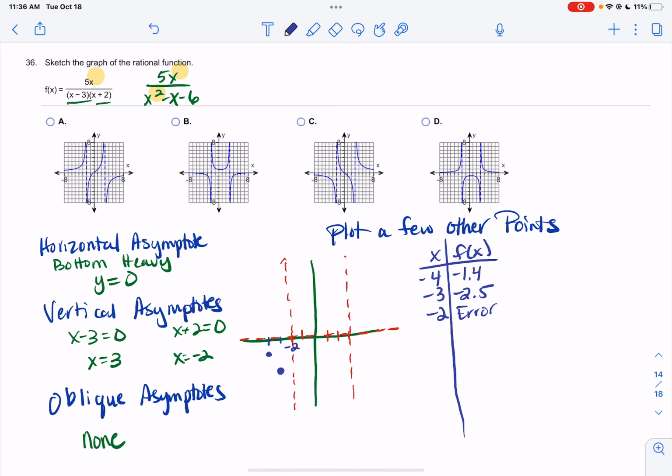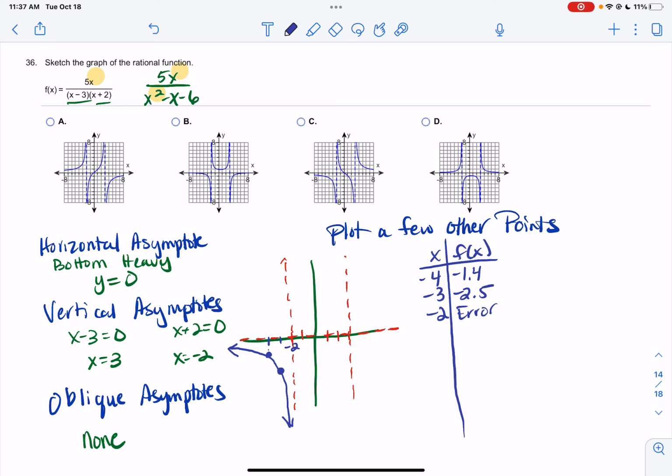So those are just 2 points. Because you've practiced these a lot, you can start to notice the trends that are happening with the graphs, that this graph will approach 0 as it goes to negative infinity, and as it approaches negative 2, it's going to go to negative infinity. So that's that piece of the graph.